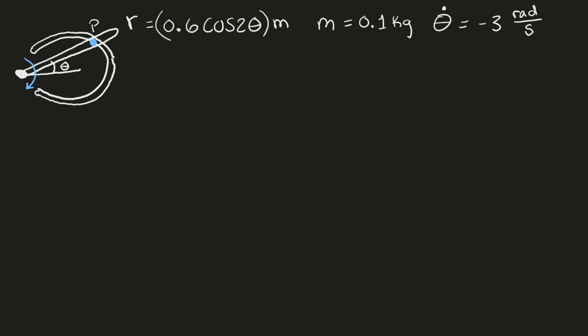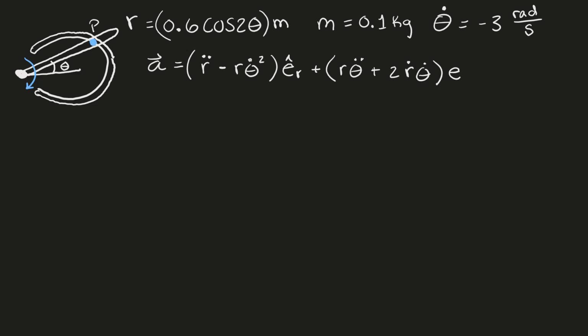Step 1, maybe not the wisest step, but it's just kind of mindlessly writing down the acceleration formula for these, or equation rather, and its acceleration equals the acceleration in the radial direction, and that component looks something like that, plus the acceleration in the theta direction, which looks something like that. Bam! Check. Did the first step, mindlessly wrote down the equation.